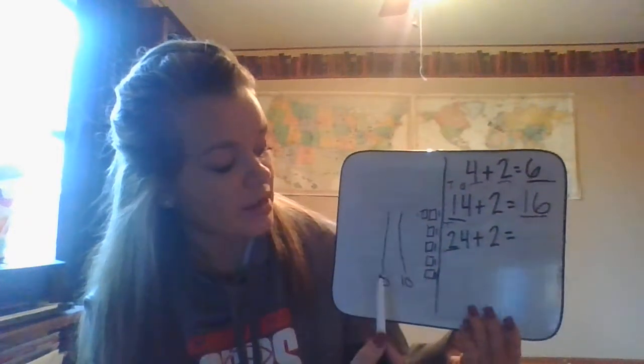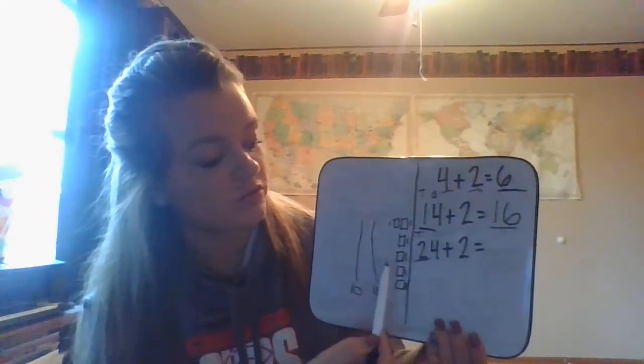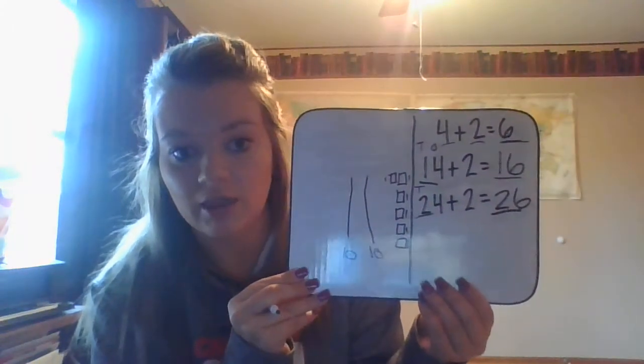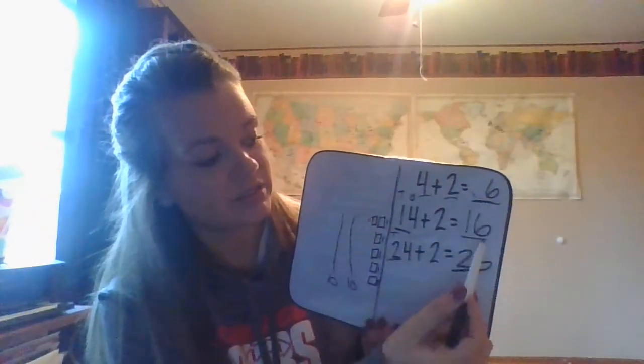Now I have 10, 20, 21, 22, 23, 24, 25, 26. So our answer is 26. Look at the pattern. Let me actually rewrite my 6 so it makes a little bit more sense. So if you're looking, the 6's are staying the same.